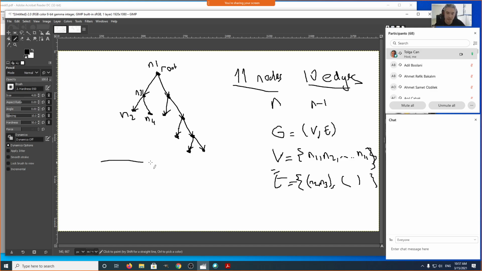Okay, so this is a binary tree. But as I said, if we consider them as undirected edges, we could have taken this one and pulled it out like this. And this may be made a root. This may be the root node, and these two may be the children.